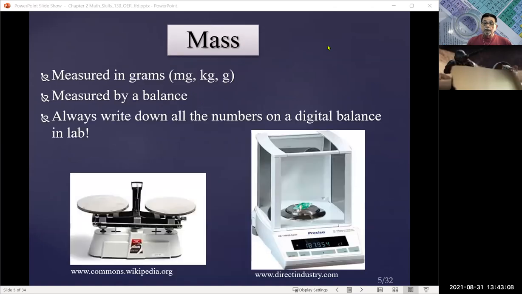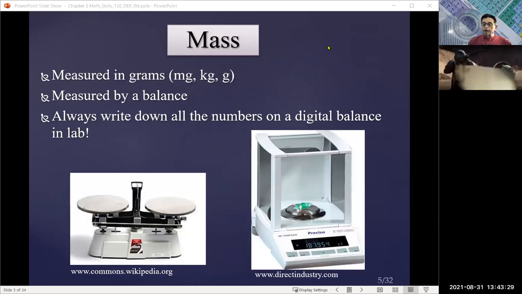Okay. All right. Now, when we deal with mass, again, remember we talked about that weight and mass kind of interchange a little bit. We use a balance. Now, the units that we utilize are mg for milligrams, kg for kilograms, and g for grams. Okay. Now, you can see the balances down at the bottom here.